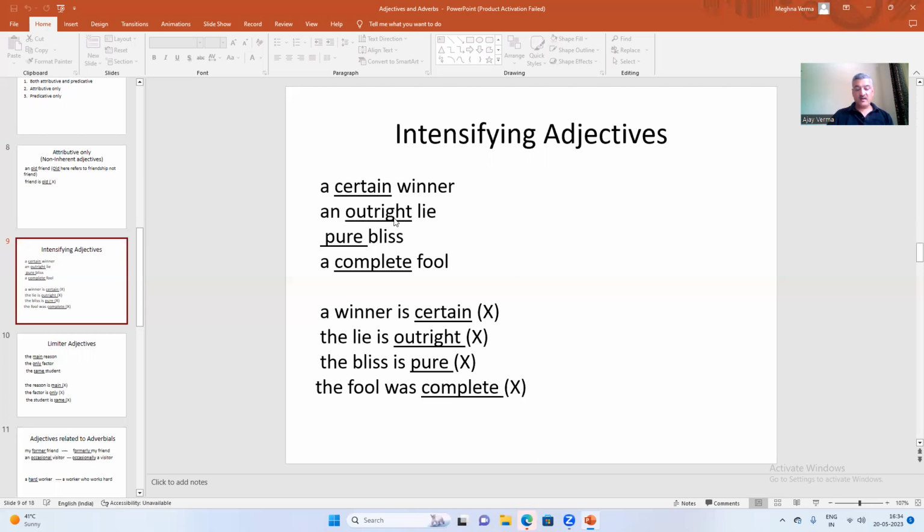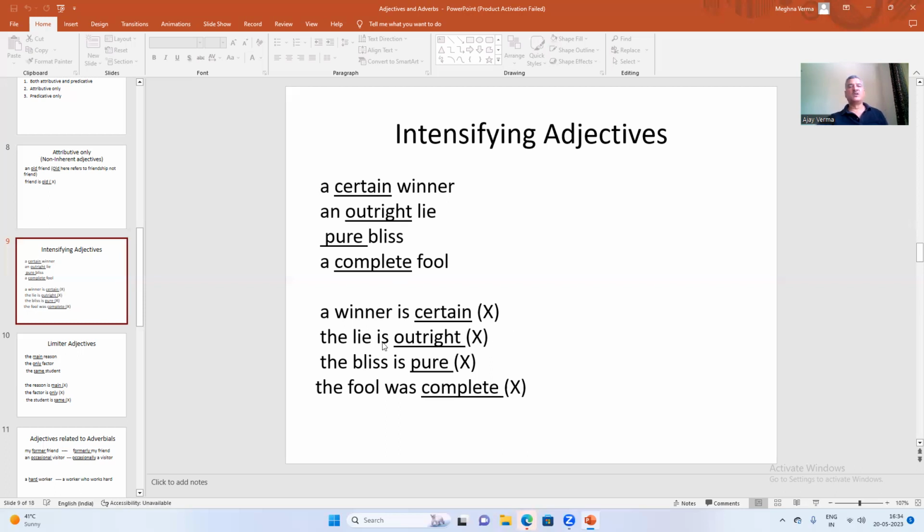Okay, they have a heightening or lowering effect. So intensifying adjectives have a heightening or lowering effect. So a certain winner, मतलब पक्का winner, outright lie, एक सफेद झूठ, pure bliss, complete fool. Okay, these intensifying adjectives are also used attributively and not predicatively.